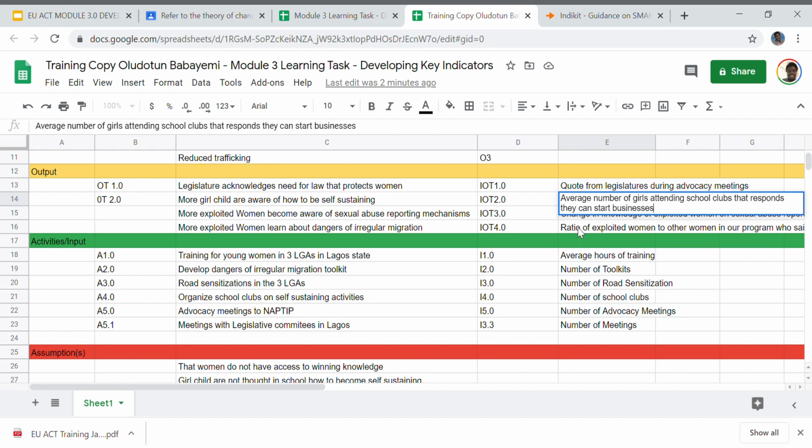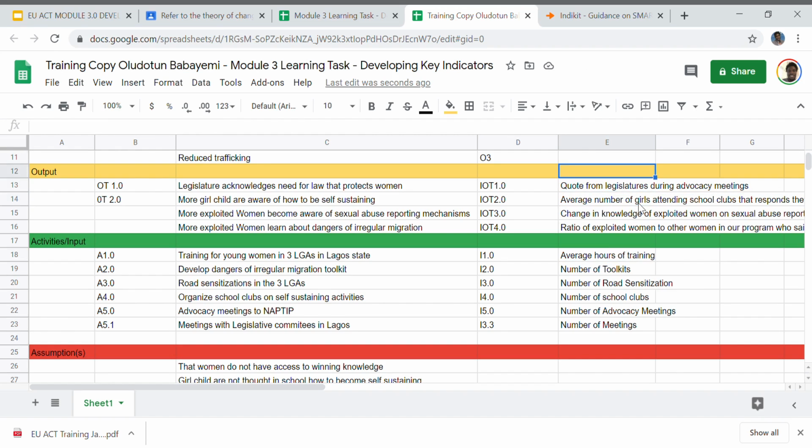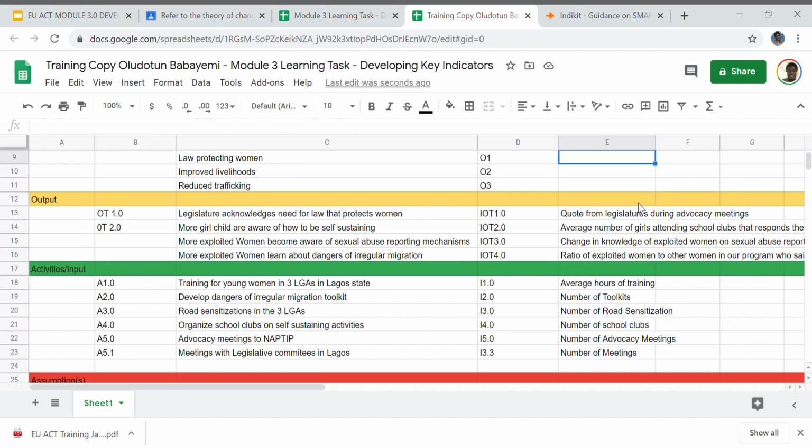For example, something like that, right?